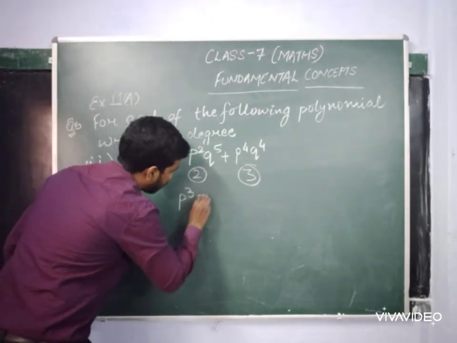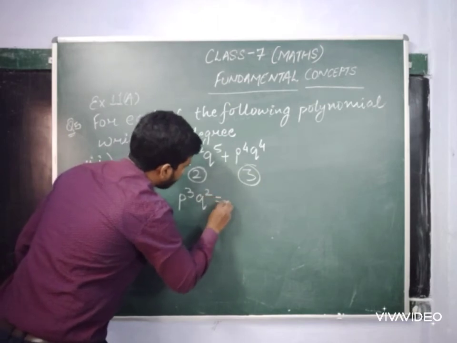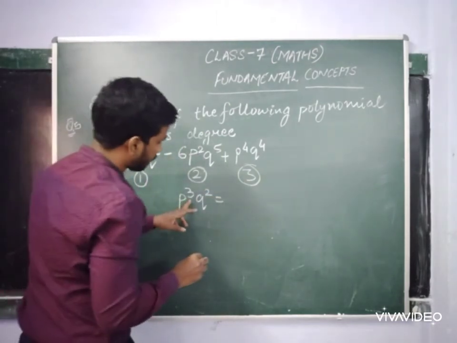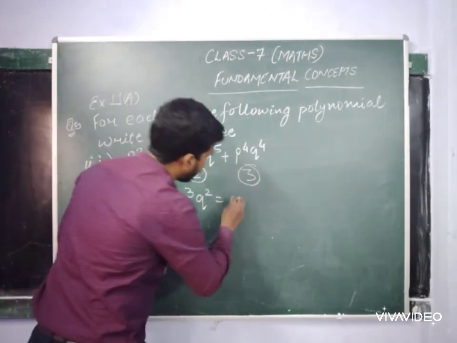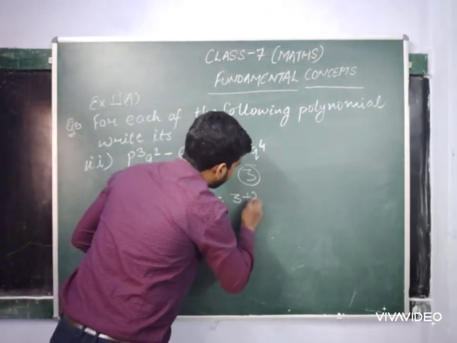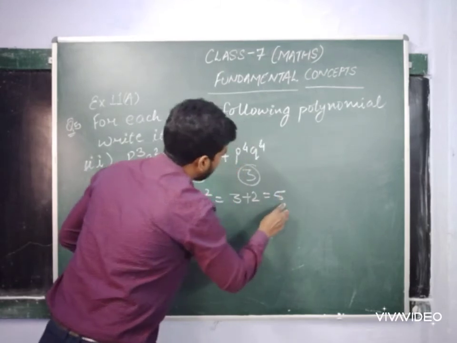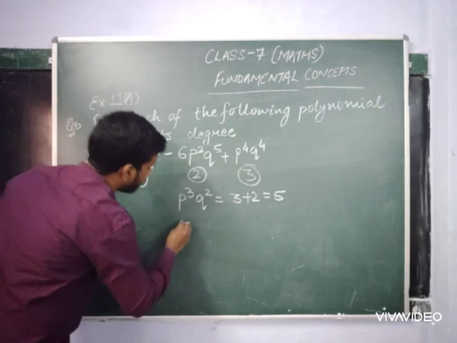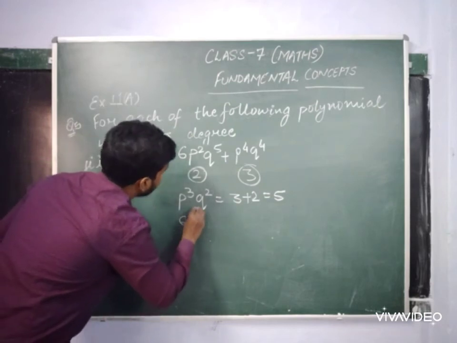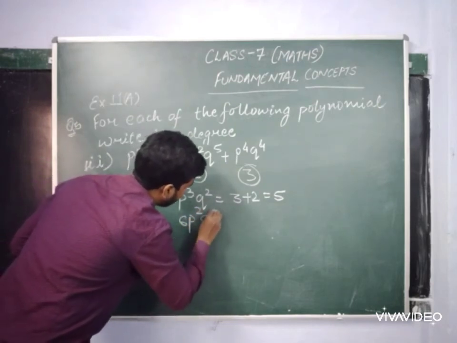P cube q square. So what will be the degree? The sum of the exponents, which are 3 and 2. So the sum will be 3 plus 2, that is equal to 5. Clear? Now the second term is 6p square q to the power 5.